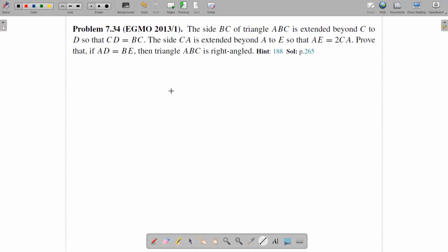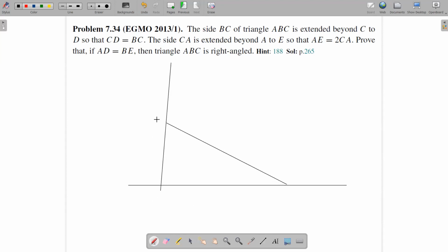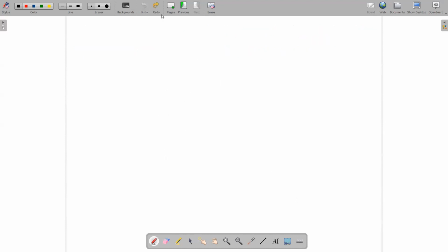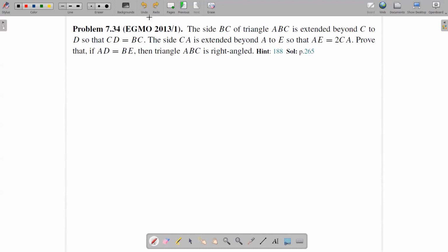Okay, let's try to handle this problem. This is A, this is C, and this is B. Wait.